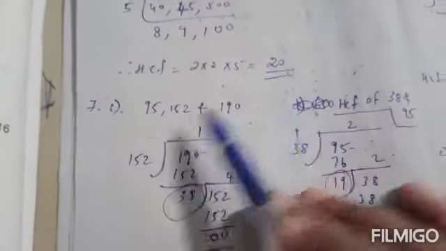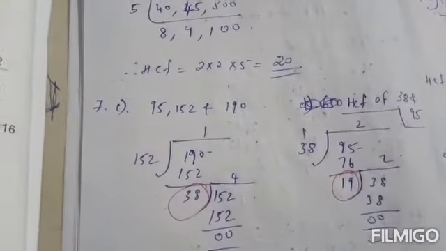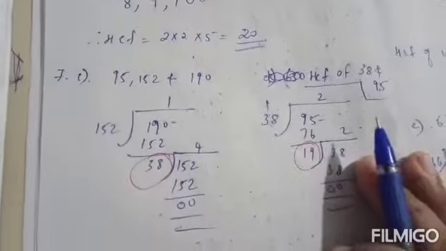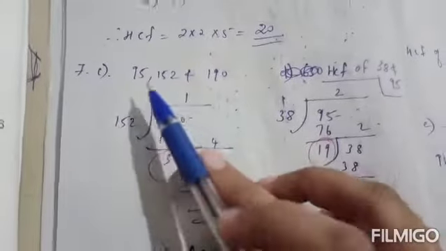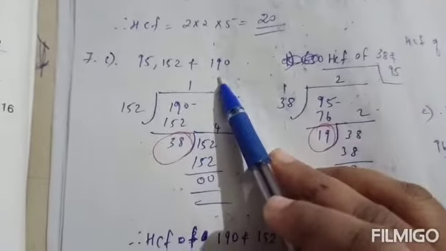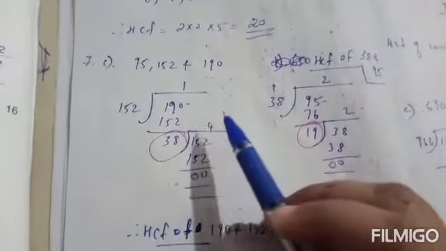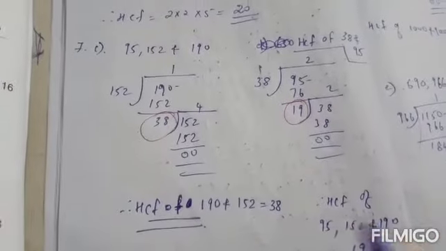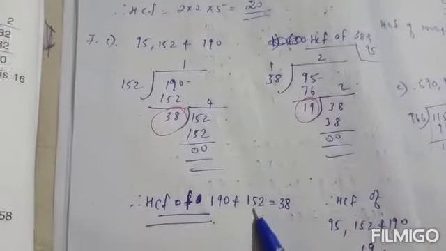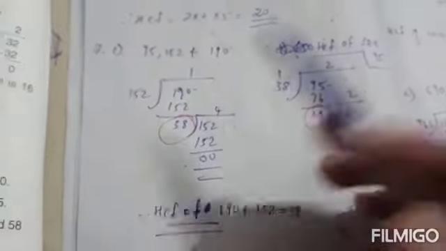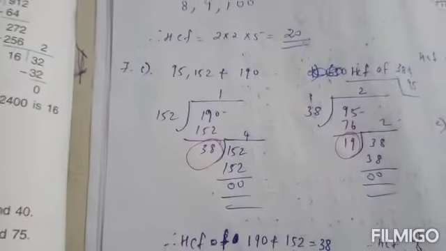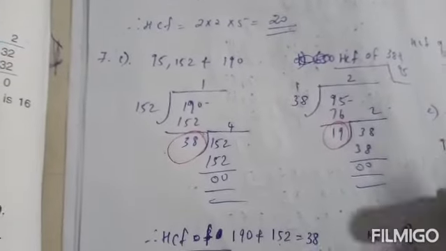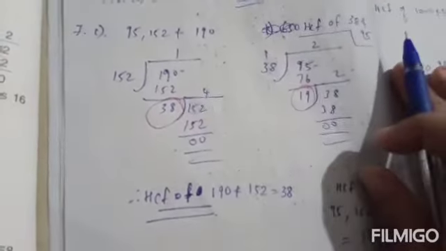Okay, now seventh question, find the HCF of the following numbers by the division method. In that, part C: 95, 152, 190. You will get the HCF of 190 and 152. First you are finding the HCF of the larger number and the second larger number.